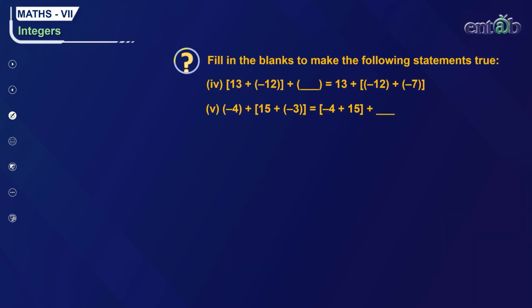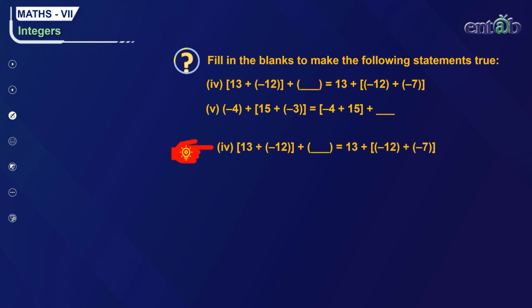Fill in the blanks to make the following statements true. 13 plus minus 12 plus blank is equal to 13 plus minus 12 plus minus 7. Minus 4 plus 15 plus minus 3 is equal to minus 4 plus 15 plus blank. So, let's solve the first part first.